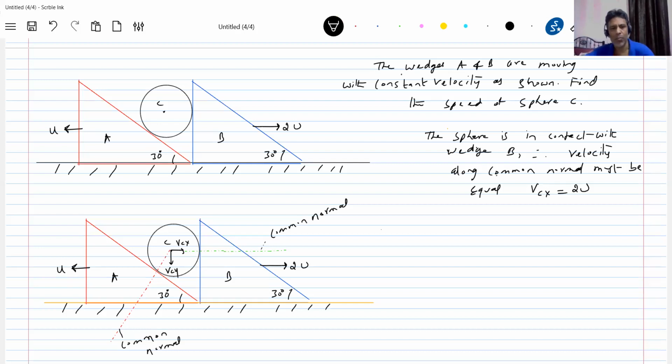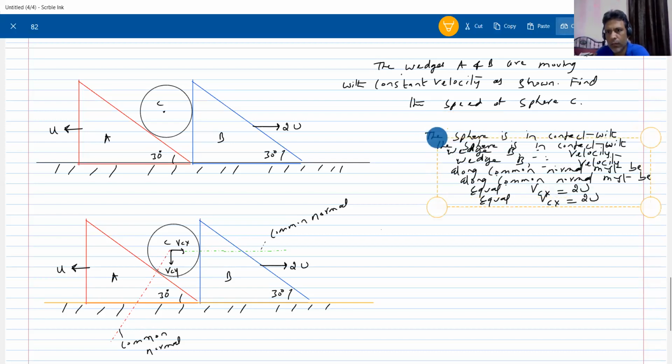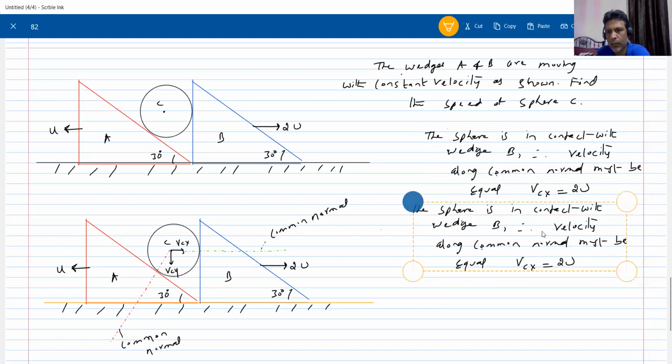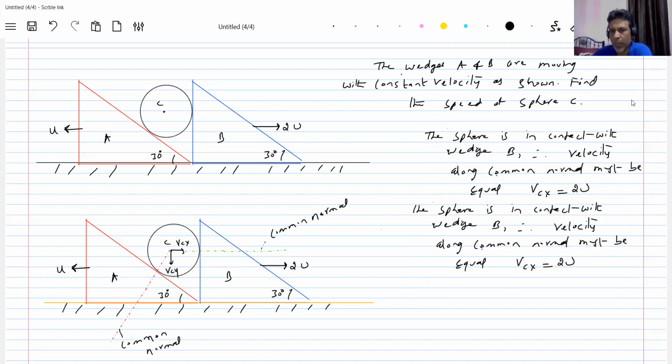Velocity along common normal must be equal. The same reason is what I'm going to put here. The sphere C is in contact with the wedge A. Therefore, velocity along common normal must be equal.